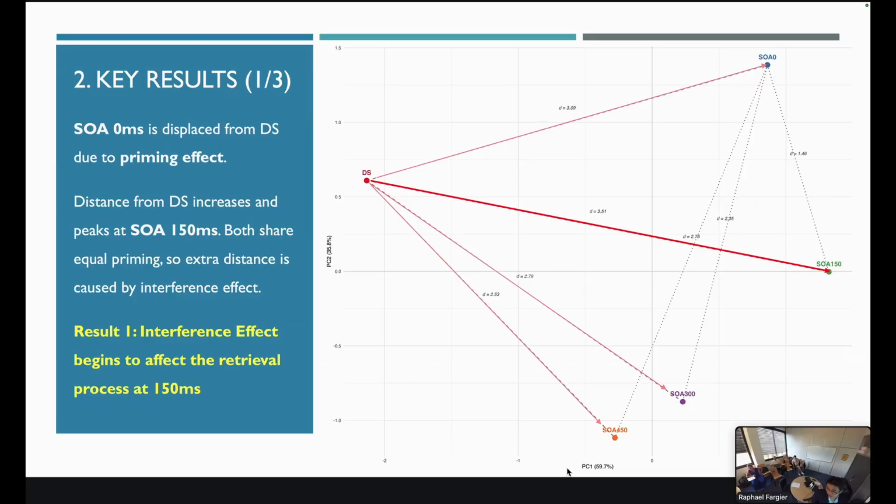In this case, because SOA 0 and SOA 150 bear the same priming effect, something pushes the model of SOA 150 farther away. So that is due to the interference effect. So from here, it suggests that the interference effect begins to affect the retrieval process at 150 milliseconds.